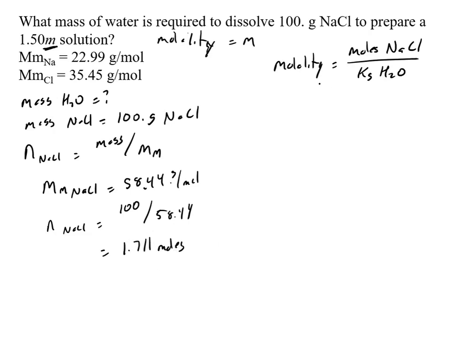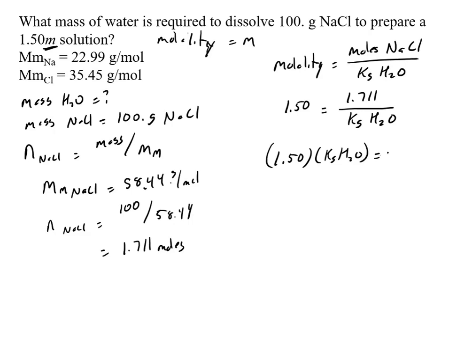Okay, now I'm going to plug into this formula. I was given the molality. The molality is 1.50. I just calculated the moles as 1.711. And what I don't know is my water. When my unknown is on the bottom, I'm going to multiply both sides. So I have 1.50 times kilograms of water is 1.711.